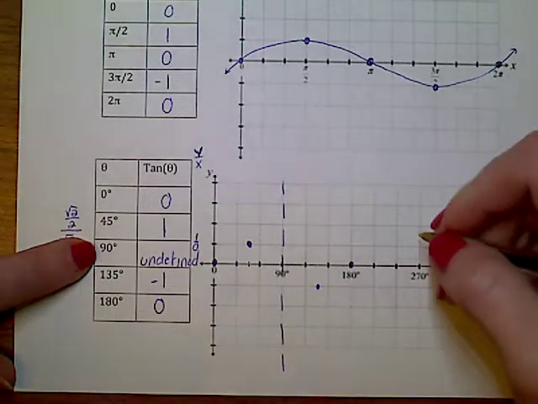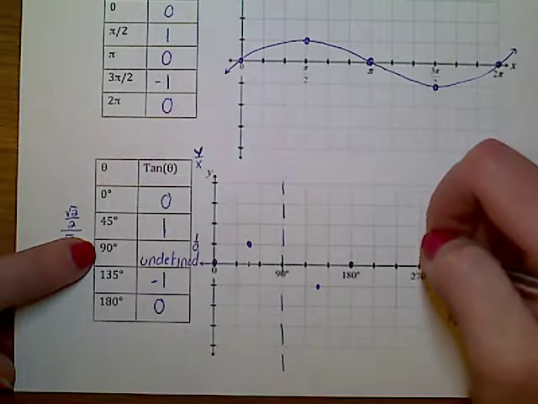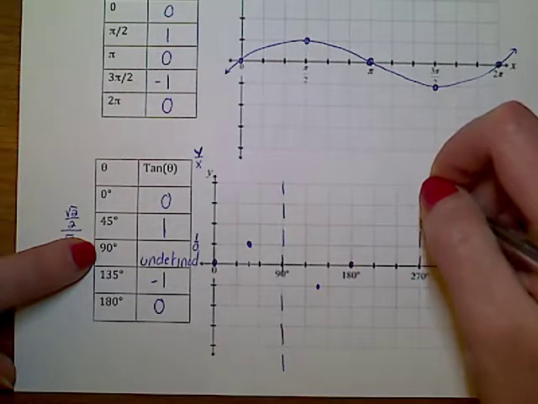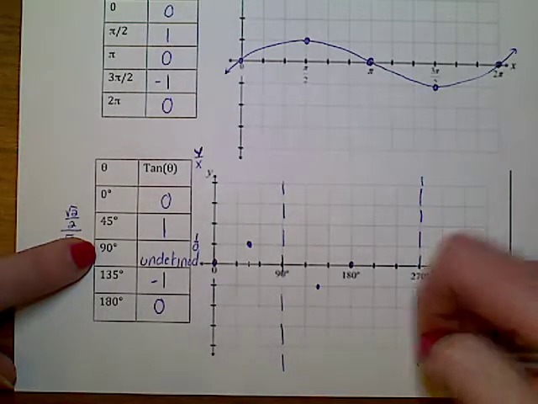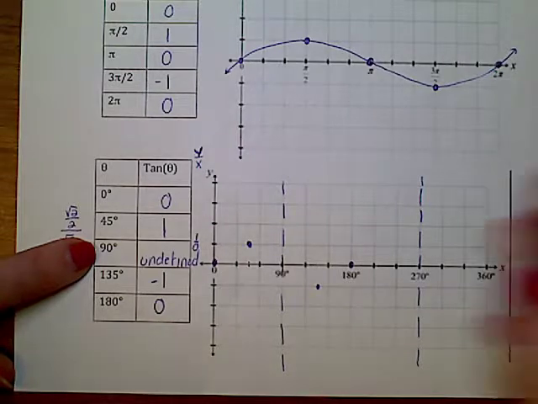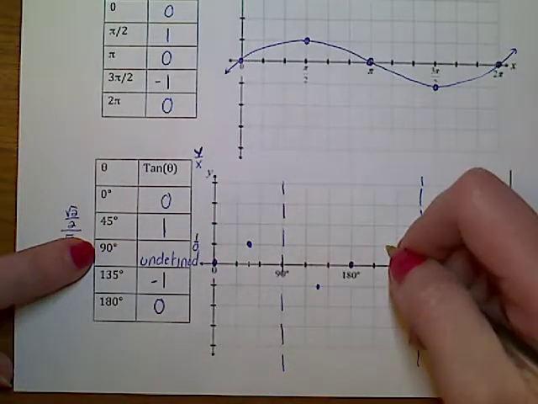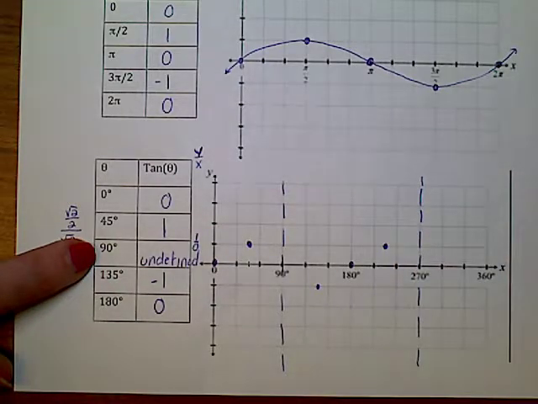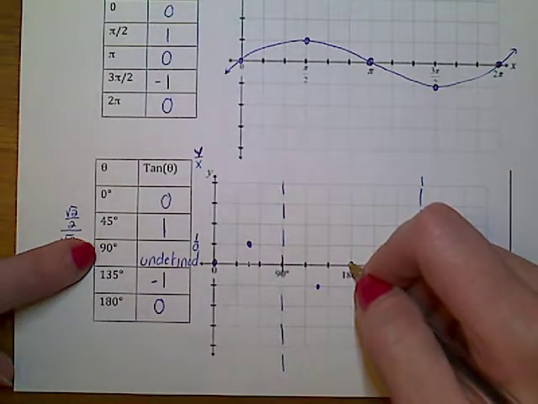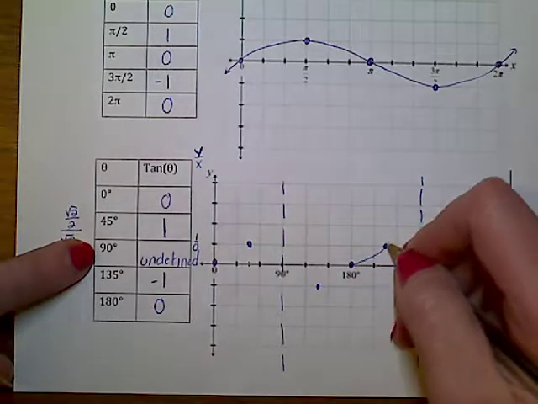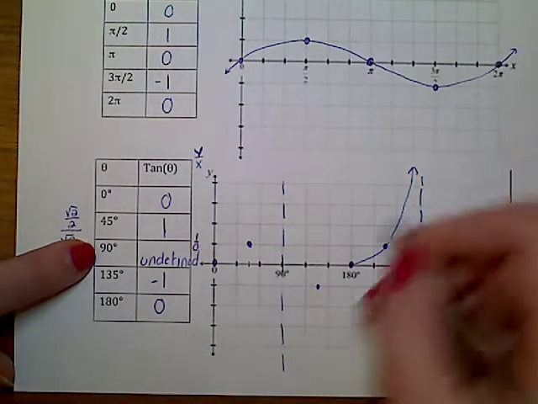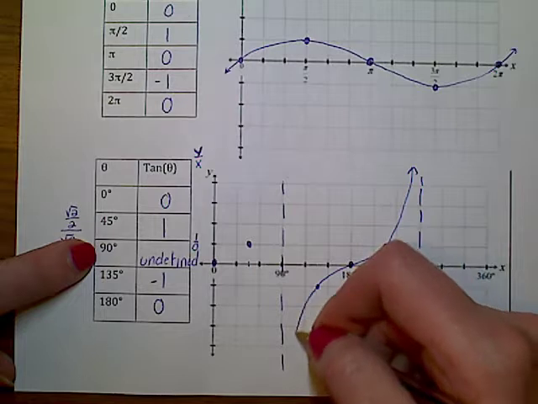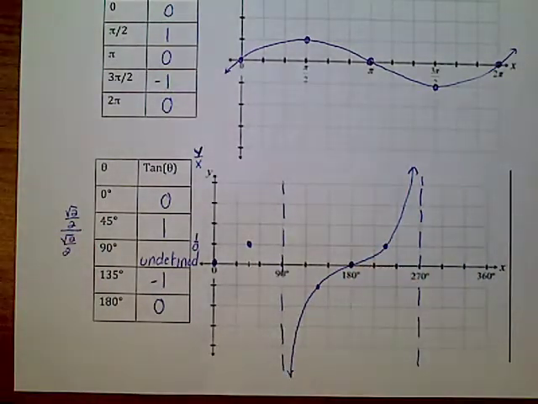And there's actually going to be another one again at 270. And I'm going to put another point right here. And I'm going to draw this in. As soon as I do, I bet you recognize it from last year. What you have right there is one cycle of the tangent graph.